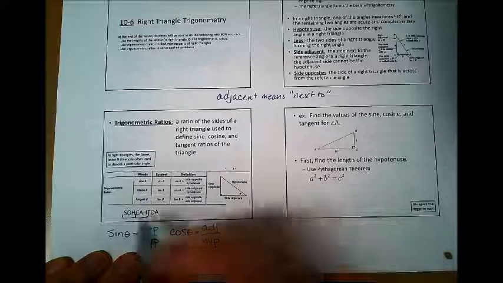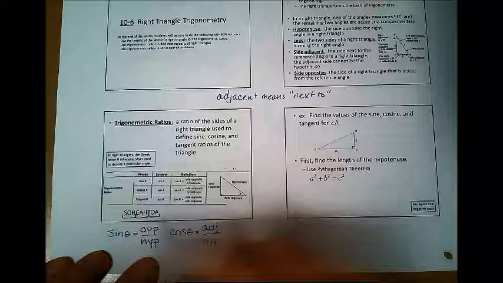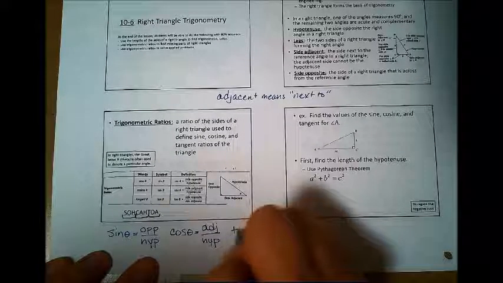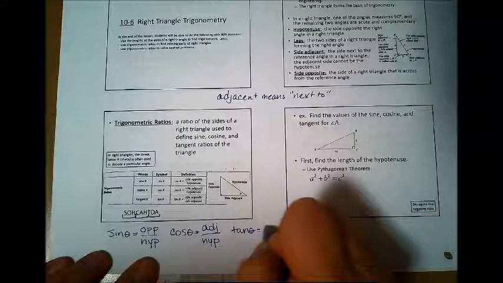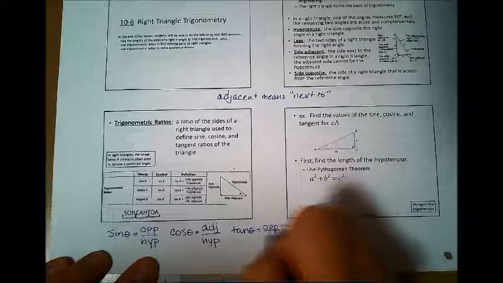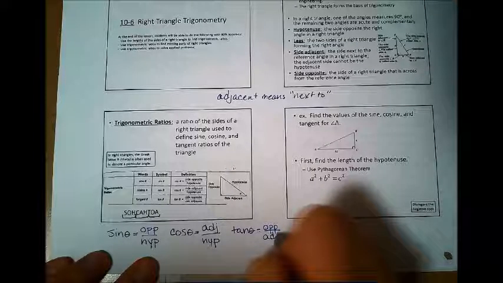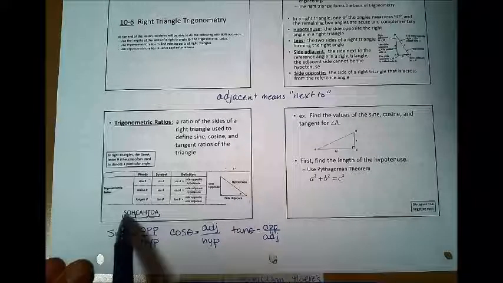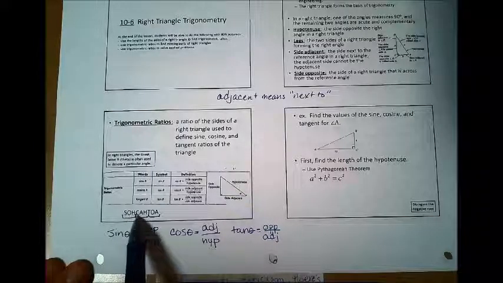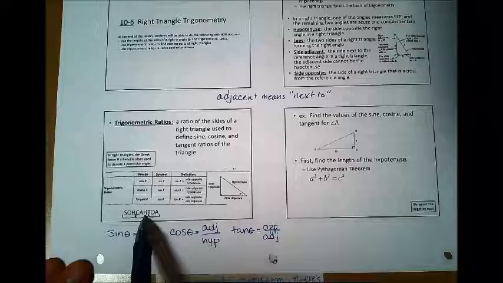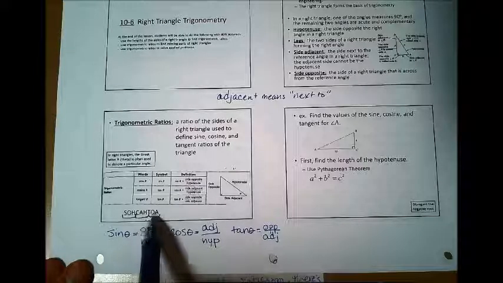And then we have the TOA part, which is the tangent of theta, equal to the opposite side over the adjacent side. So sine is the opposite over the hypotenuse, cosine is the adjacent over the hypotenuse, and tangent is the opposite over the adjacent.